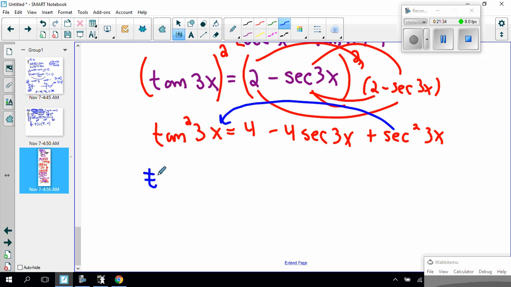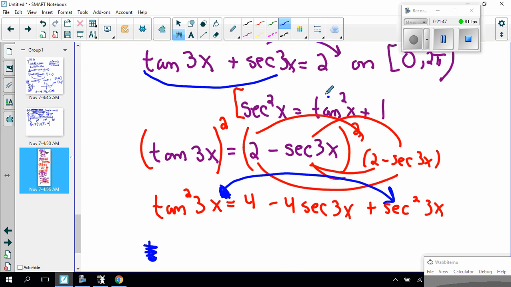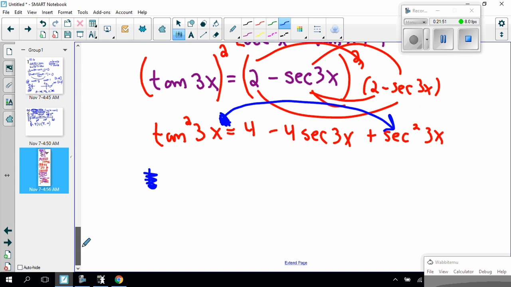I'm going to go this direction so I can get a secant squared minus tangent squared. And if you get a secant squared minus tangent squared, you get 1. Wow. So this is 0. I'm pitching it right.